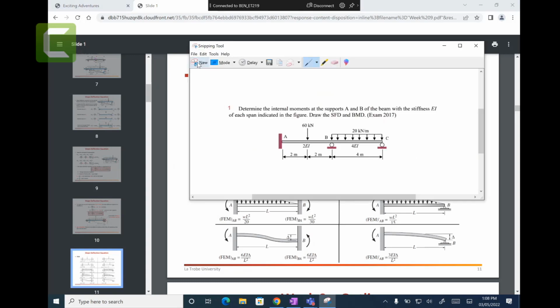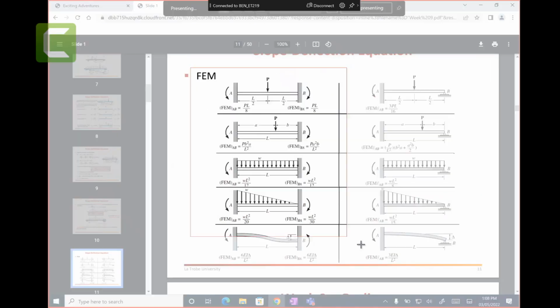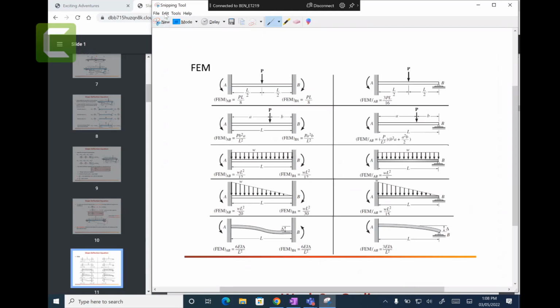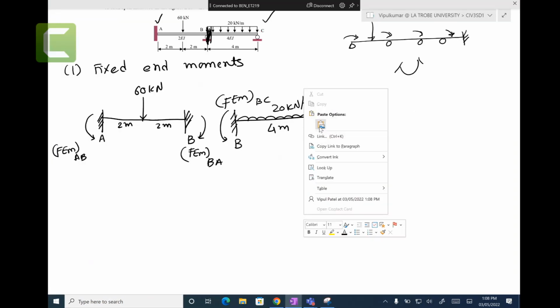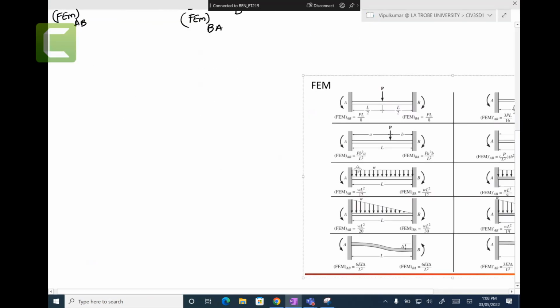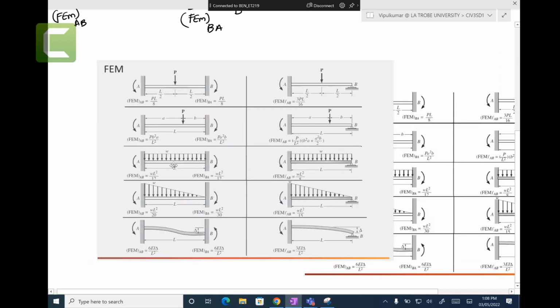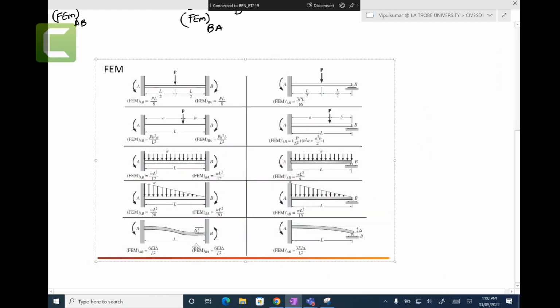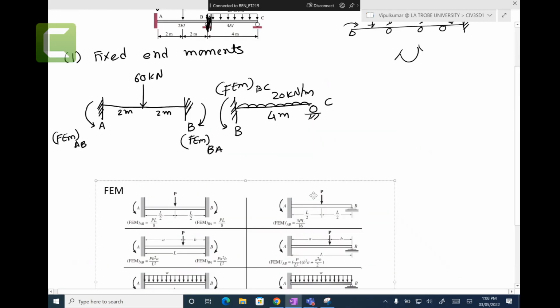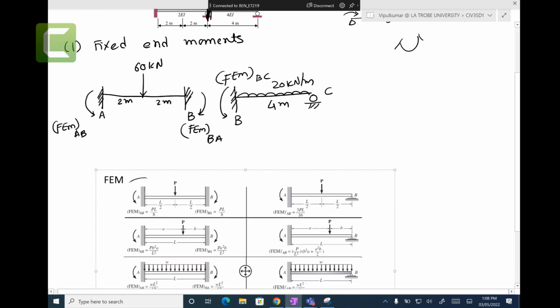Let's grade the whole thing. All right, so we just compare. So I think this is the case for this one. So fixed end moments of AB.